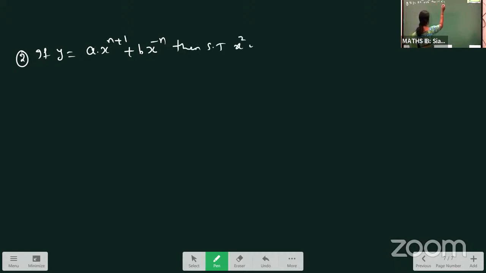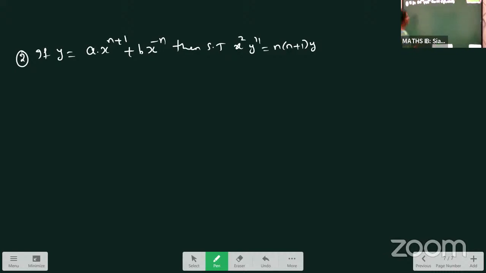If y is equal to a into x to the power n plus 1 plus b into x to the power minus n, then show that x square y double dash is equal to n into n plus 1 into y.